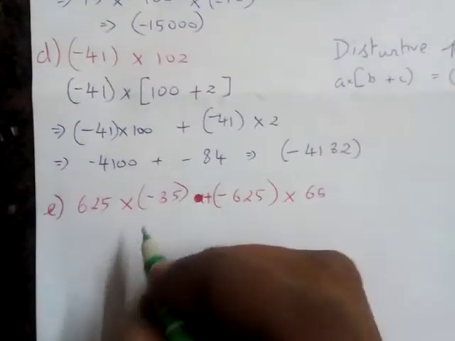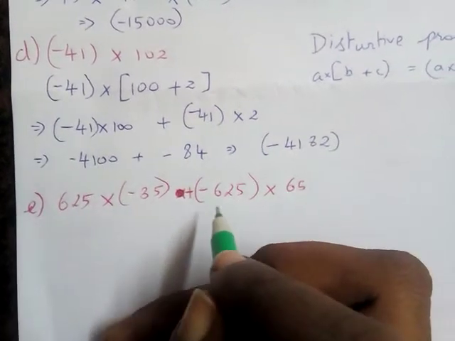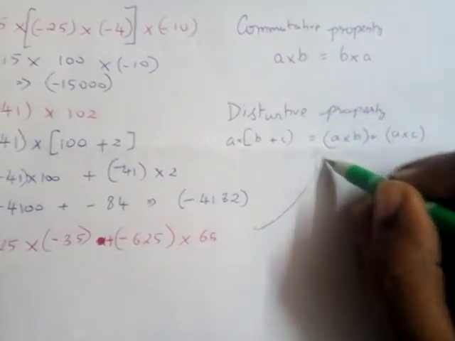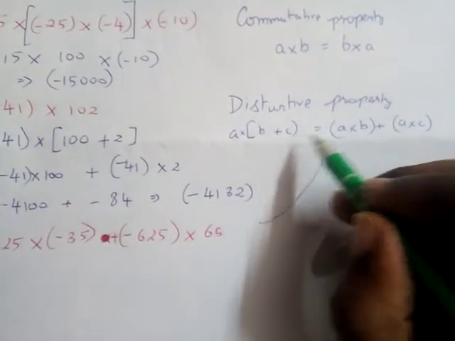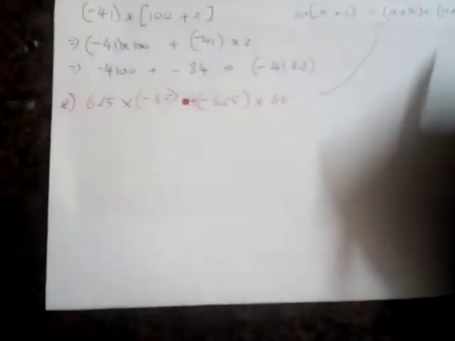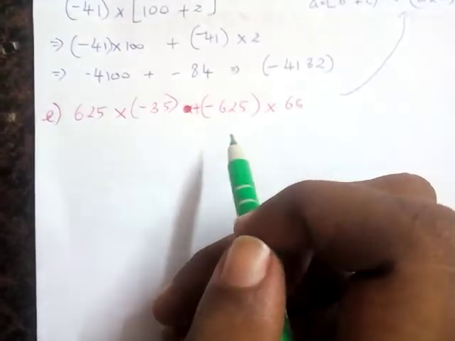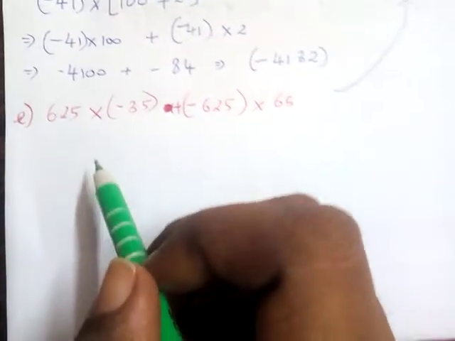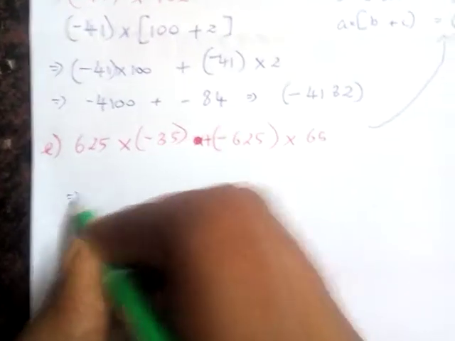The fifth subdivision: 625 into minus 35 plus minus 625 into 65. Again you have to use the distributive property, the same, A into B plus C is equal to A into B plus A into C. Over here A is equal to minus 625. You can either use minus 625 or just 625. I'm going to use 625.